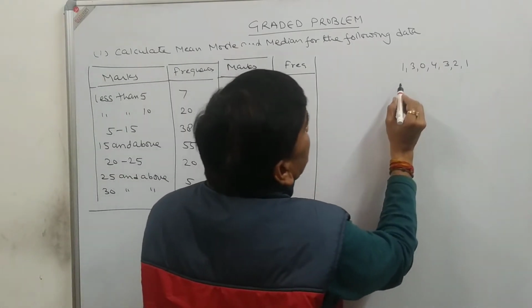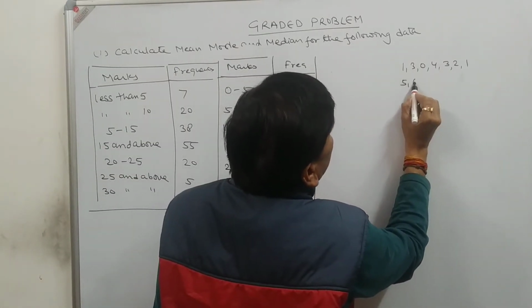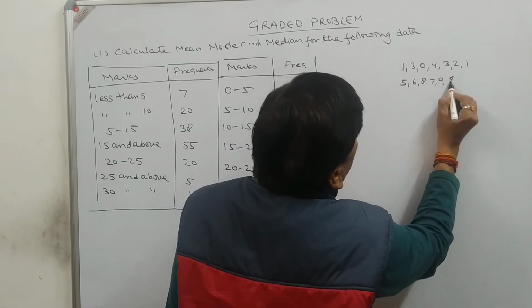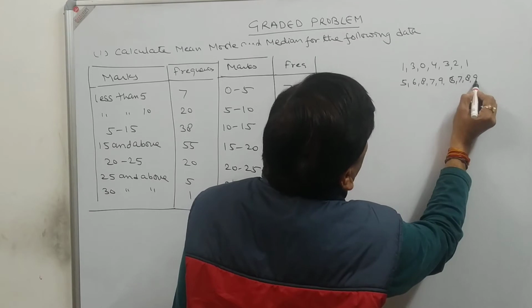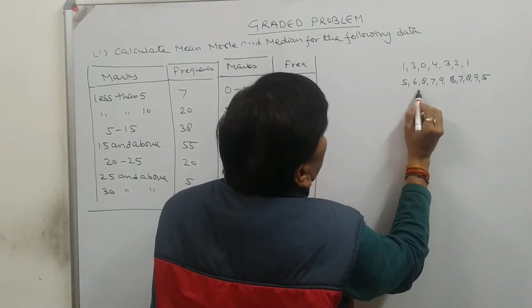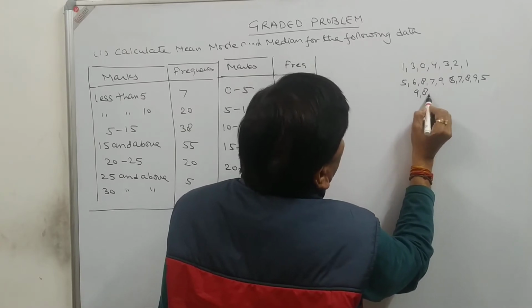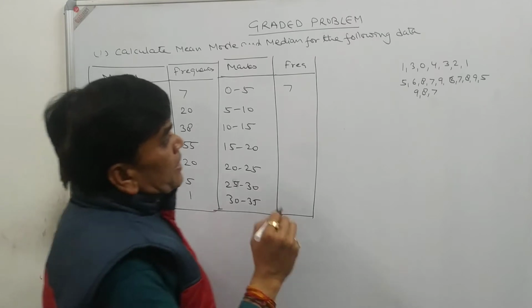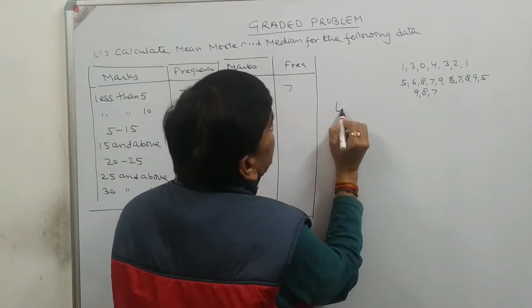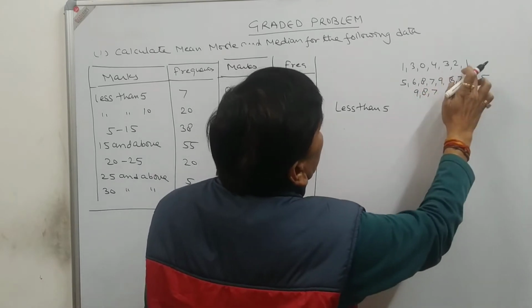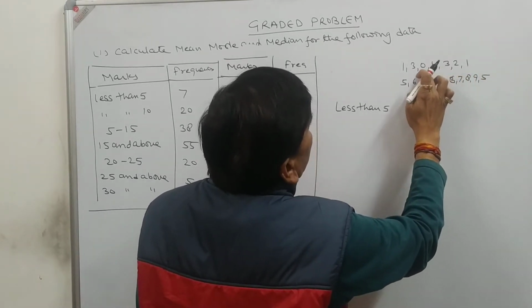Now suppose these numbers are also given: 5, 6, 8, 7, 9, 6, 7, 8, 9, 5, 9, 8, 7. If we calculate less than 5, it will be 1, 2, 3, 4, 5, 6, 7.